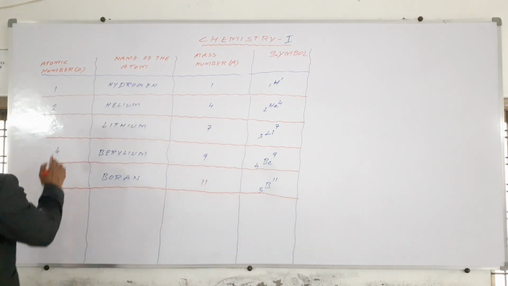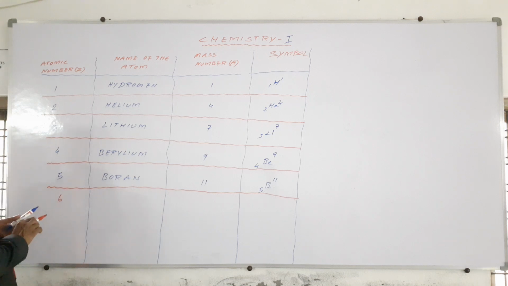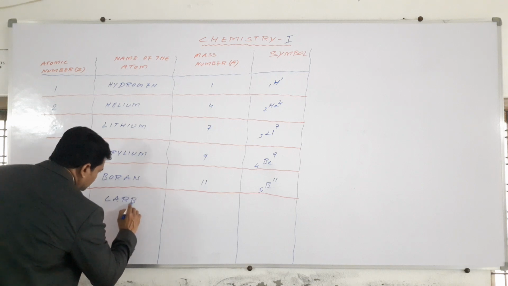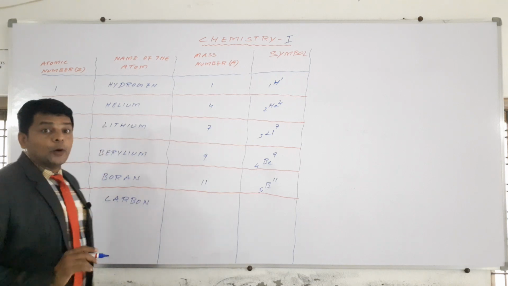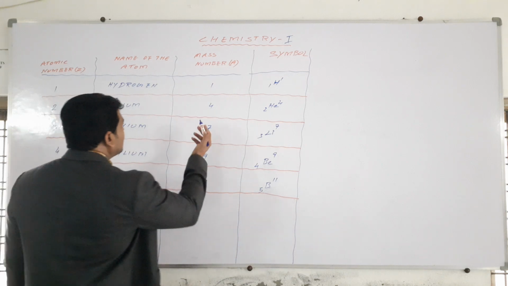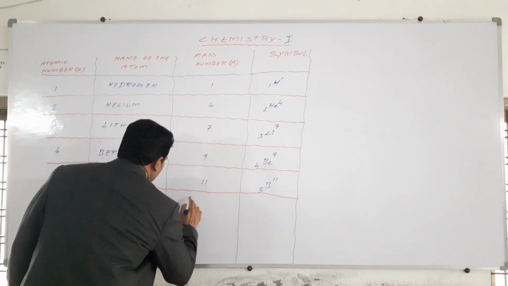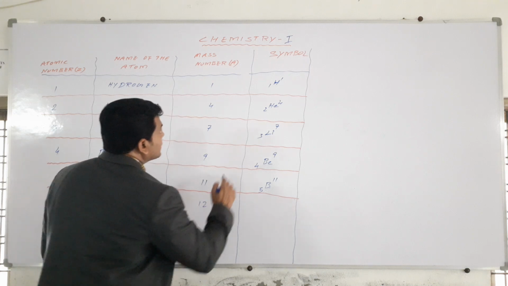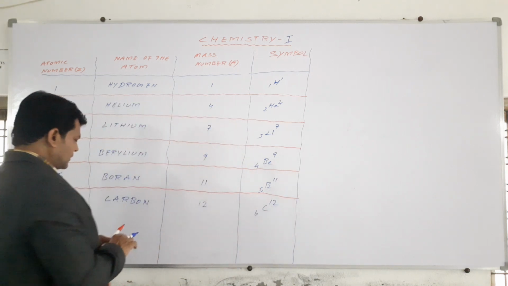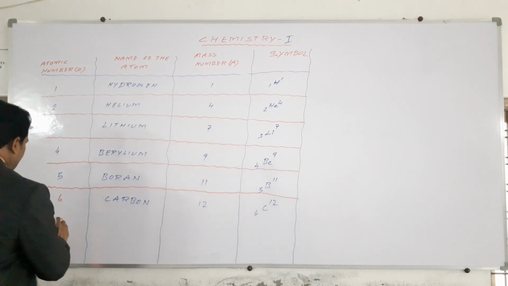Then atomic number 6. So 6 means carbon, not a bourbon, that is a biscuit. This is an atom. Mass number 12. Symbol C, 6 12.